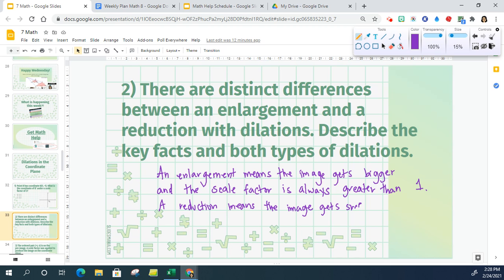And the scale factor is always between 0 and 1.